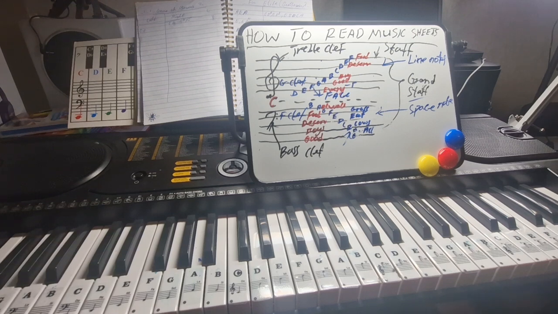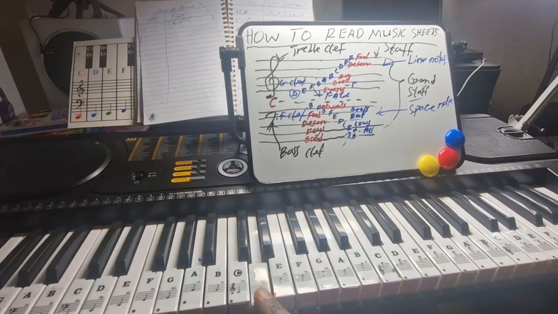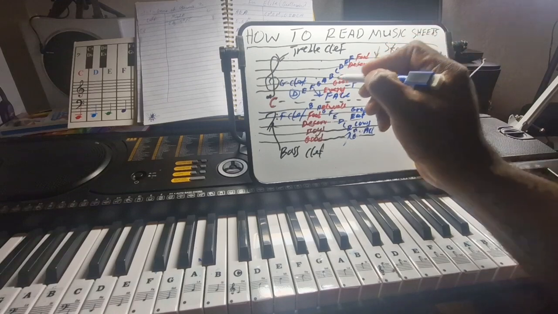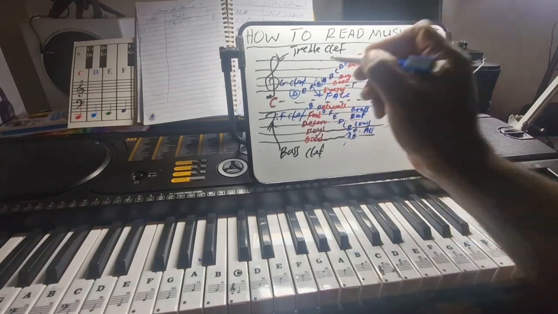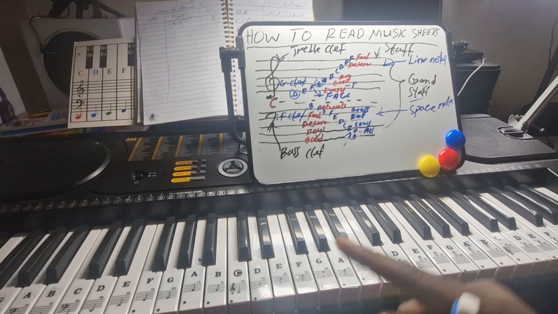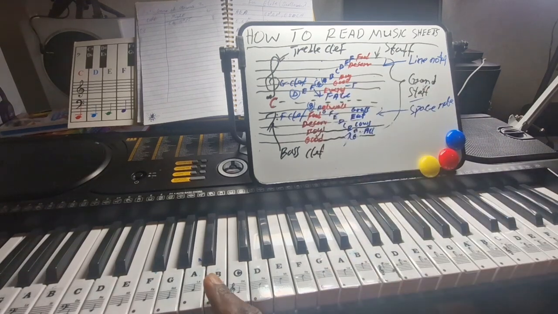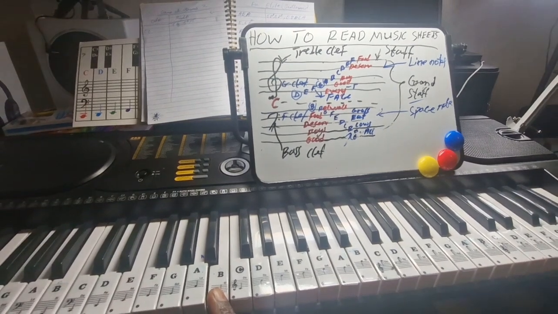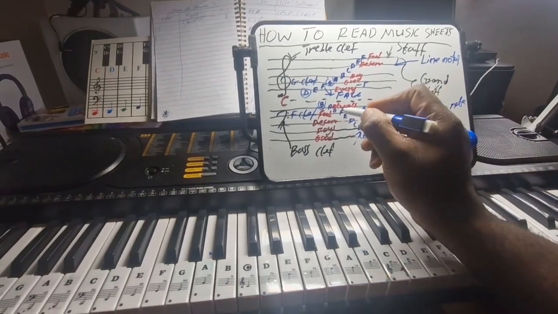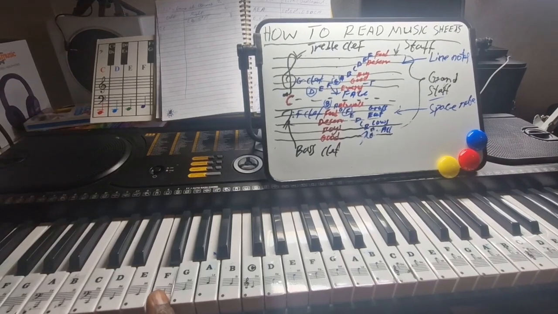So if you are told to play this one, this is the G. If you are told to play this one, this is the G. All right. Now, if you are told to play this one, this is the B to the left. And if you are told to play this one, right, this is the F. Okay.